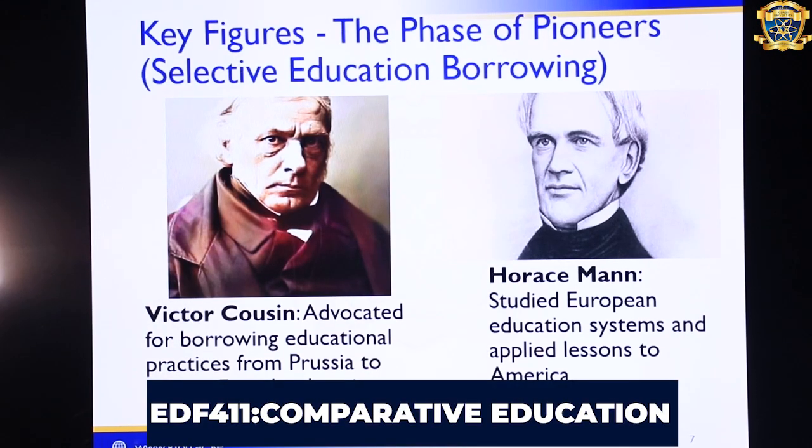Prussia is a region neighboring Germany, within the German territory, to reform the French education. And then there's Horace Mann. Horace Mann borrows a lot from European education systems and tries to improve the American system, or draws lessons that American systems could then adopt.